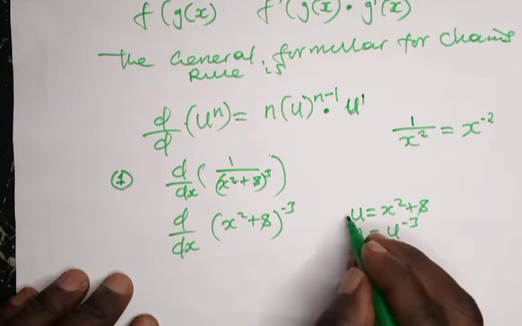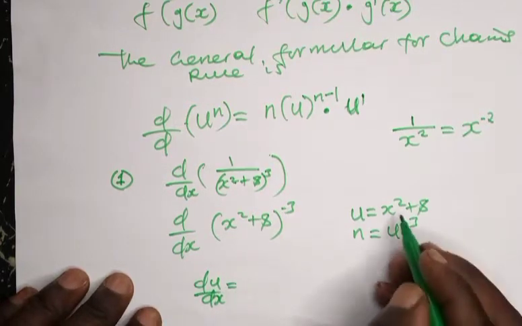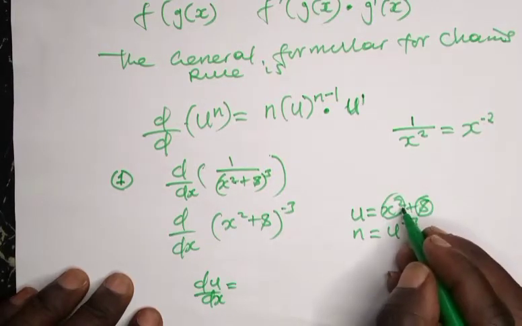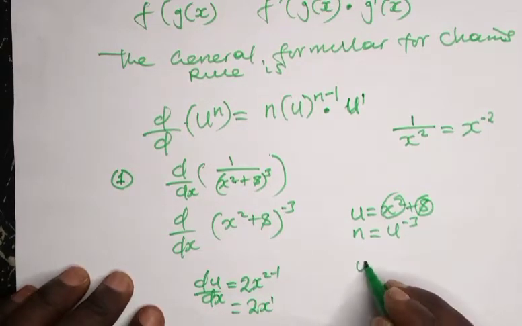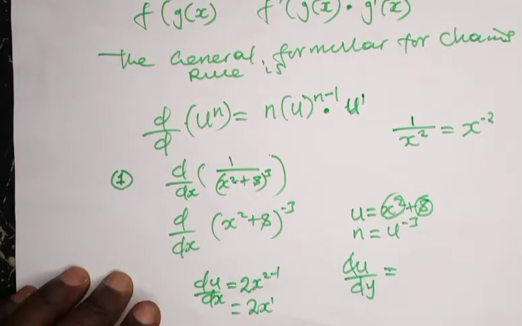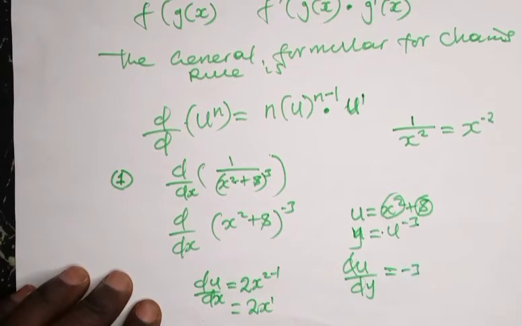For du over dx, we are going to take x squared, because the 8 is 0. Then it is 2 times 1, it is 2x power 2 minus 1, which equals 2x power 1. Then for dy over du, it equals negative 3 times 1, it is negative 3.